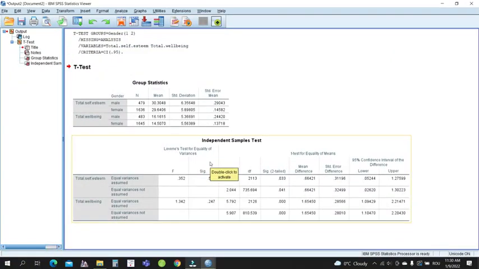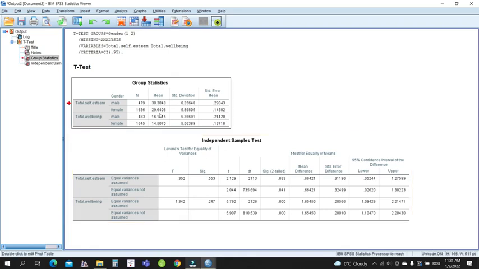Now, in the results section, you can see that the software generated two tables. The first one incorporates the main descriptive indicators of the groups. So, as far as the self-esteem is concerned, males have a mean of 30.3 and a standard deviation of 6.3, while females have a mean of 29.6 and a standard deviation of 5.8.